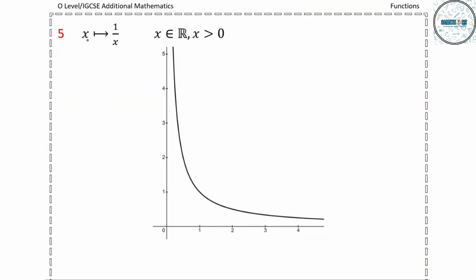Here we have x mapped to 1 upon x. At this point, there is just one output. At this point, there is just one output. So at every point, there will be just one output. So it is also 1 to 1 mapping.